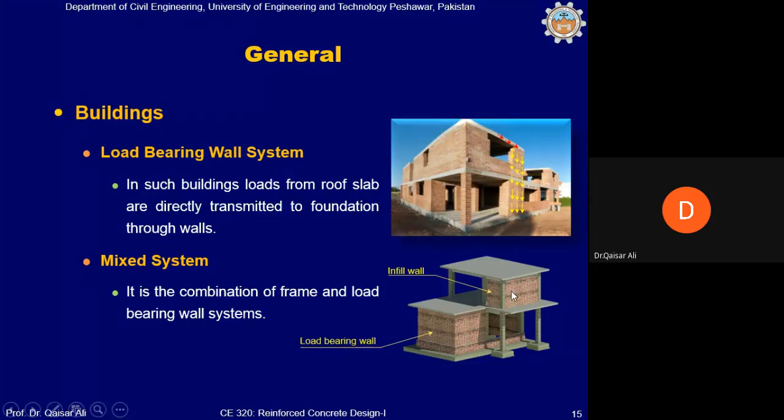So this infill wall will fill this gap wherever required, but this will not take any load from the slab. This will just act like a non-load-bearing wall. This is called a non-load-bearing wall, an infill wall, and also a partition wall. It may be constructed of brick masonry or blocks or even stones or some other material, depending on the situation. And then we have a load-bearing wall system where the slab load will be transmitted to the brick masonry wall, and from the brick masonry wall to the foundation.